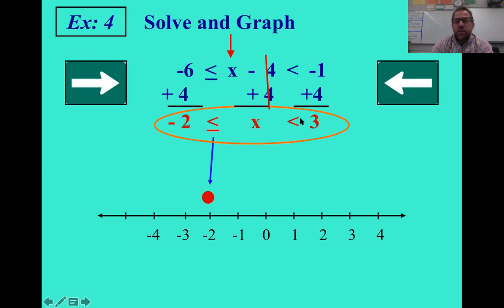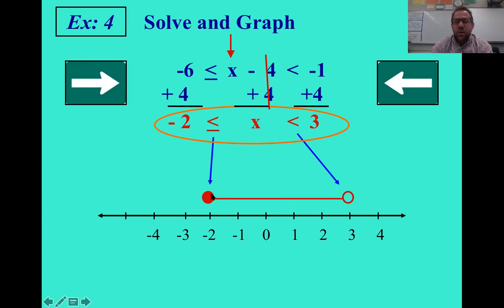And then this guy over here has no equal sign, so I'm going to go open. And now I've already told you they're going to go in together. I know that both of these symbols are pointing to the left, but this is in the middle. So he's going to go that way, and he's going to go that way, and we want all answers.